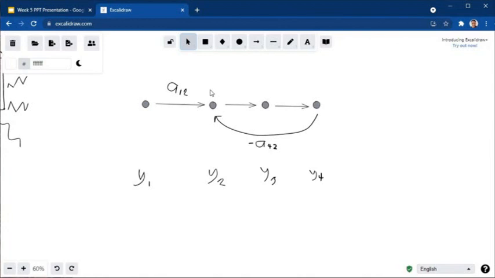An example of feedback is air conditioning units. Let's say you have set your air conditioning unit to 26, 24, or 18 degrees Celsius. The unit can't just simply blow cold air. It has to measure the temperature of the surroundings.